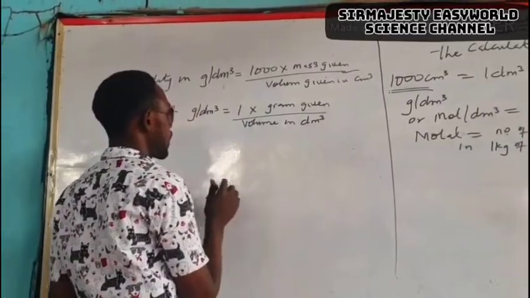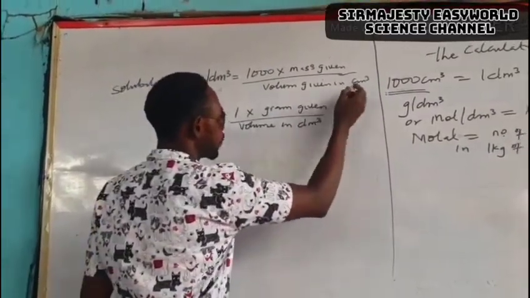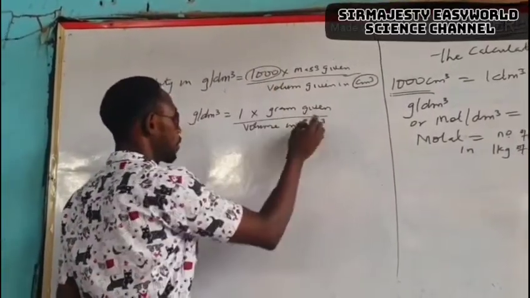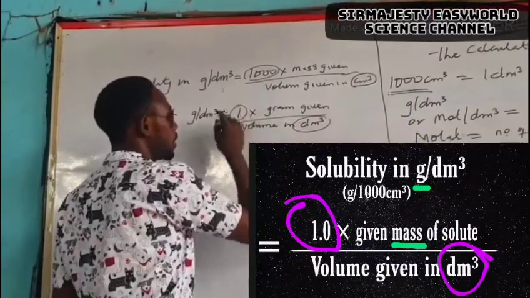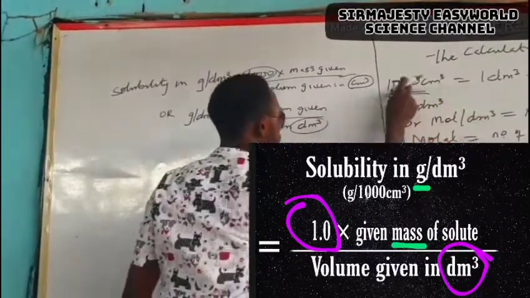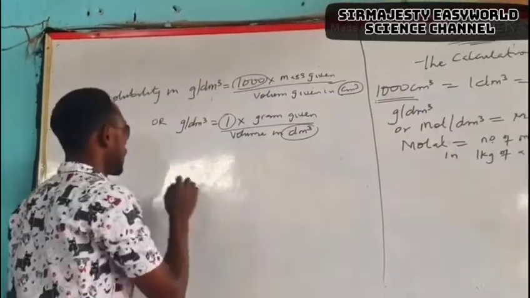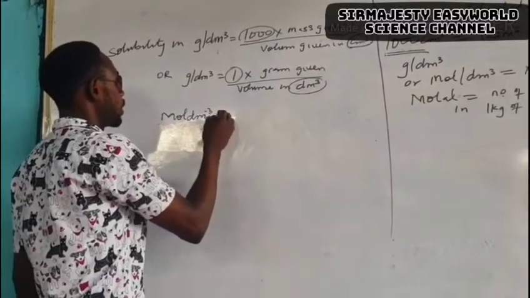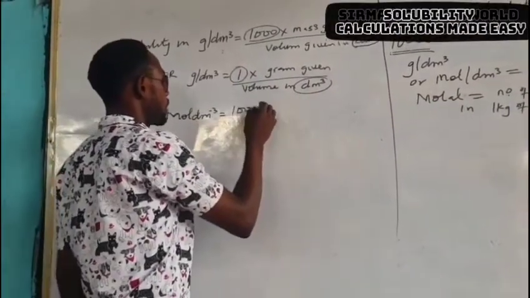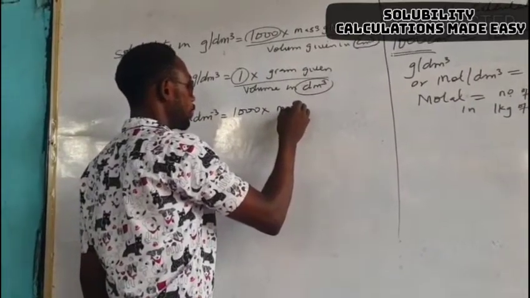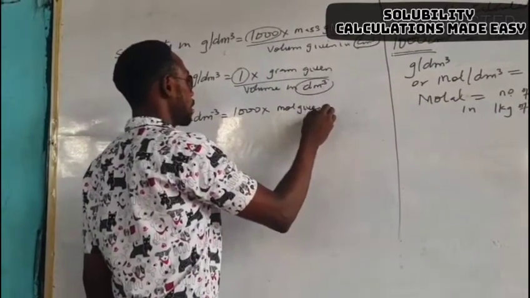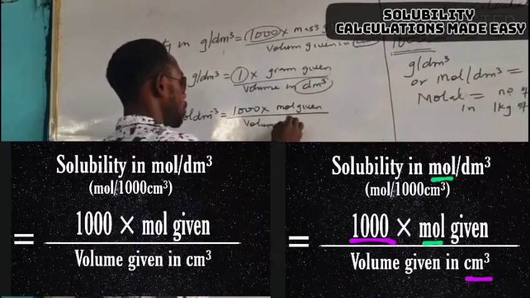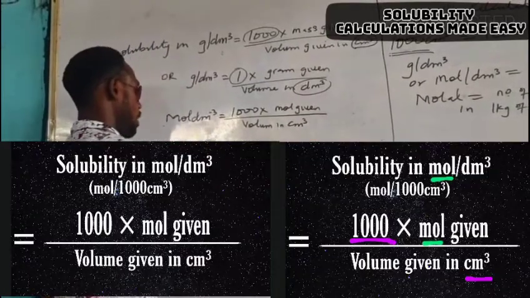The difference here is that if the volume given to you in the question is in cm3, you use 1000. If the volume given to you is in dm3, you use 1. Remember initially I told you that 1 dm3 means 1000 cm3. Then solubility in mole per dm3 is also this: 1000 times mole given all over volume in cm3.